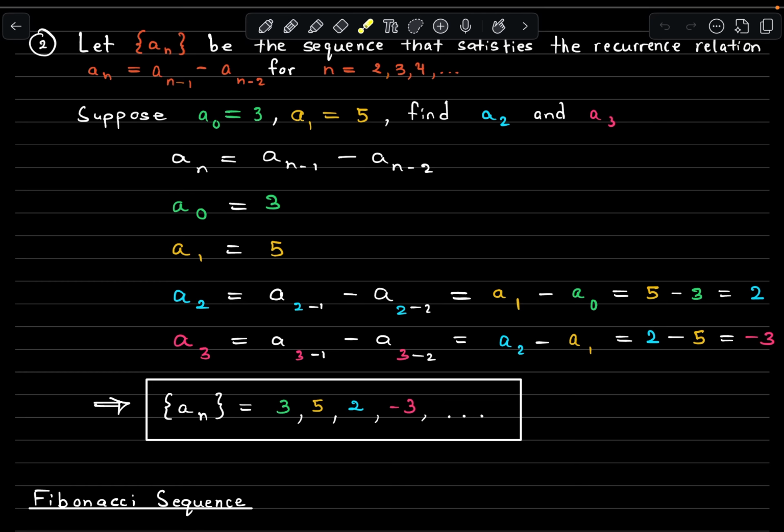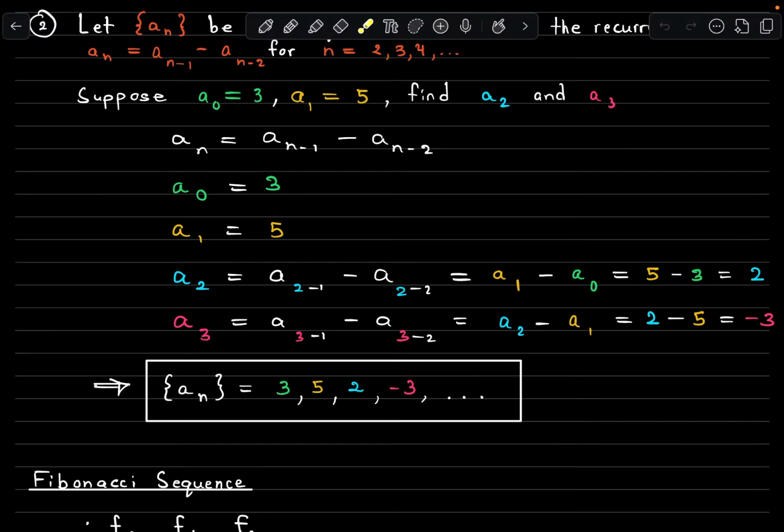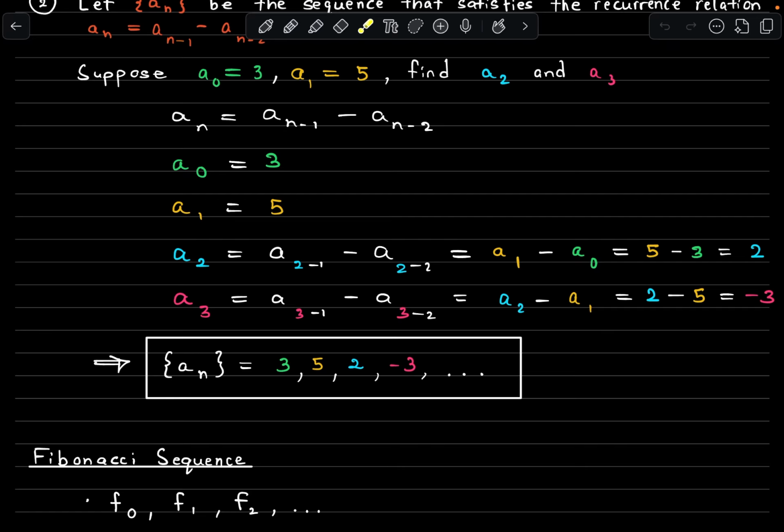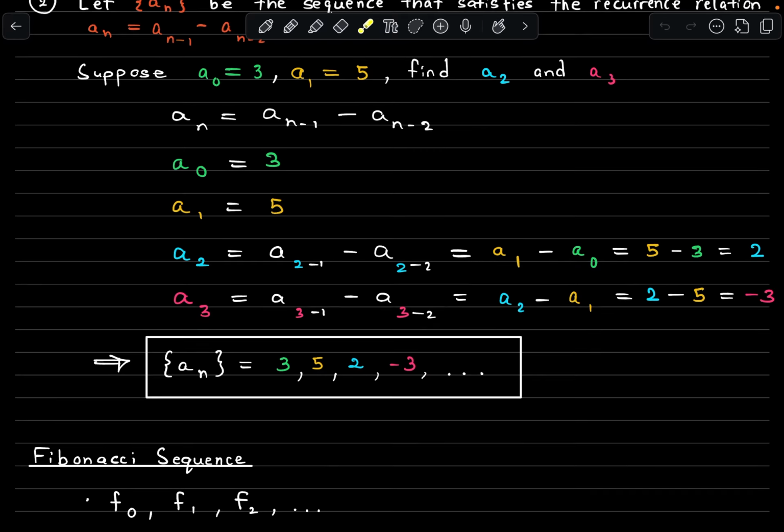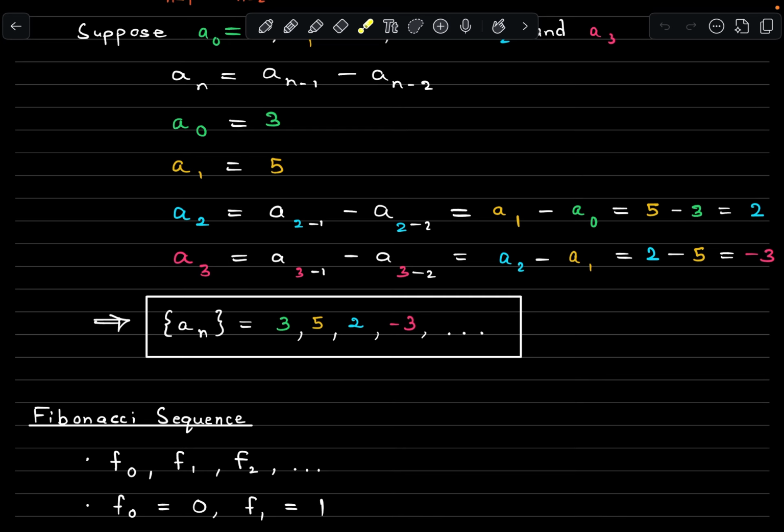Then we've got what's called the Fibonacci sequence. This is actually a pretty famous, pretty well-known sequence, and this follows a pattern. This is an example of something that we can describe using a recurrence relation. Okay. So we'll refer to the terms with this f for Fibonacci, f0, f1, f2, and so on. We start with our initial conditions.